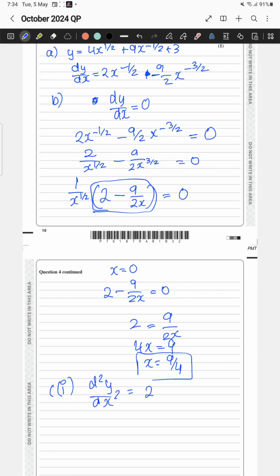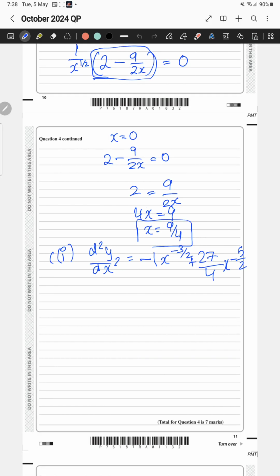So 2 times a half minus 1 gives us minus a half, and minus a half minus 1 gives us minus 3 over 2. Minus 9 over 2 times minus 3 over 2 is going to give us positive 27 over 4, and minus 3 over 2 minus 1 gives us x to the power of minus 5 over 2, and that's our second order derivative.